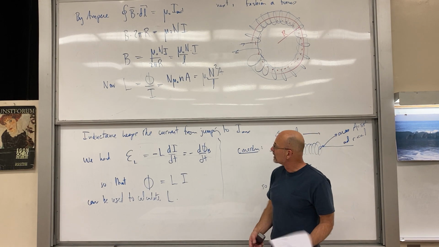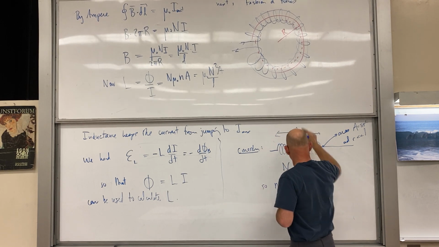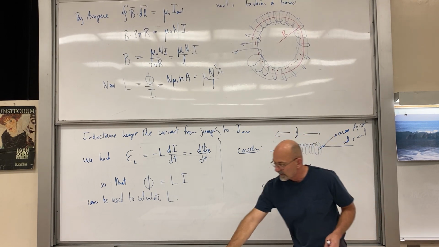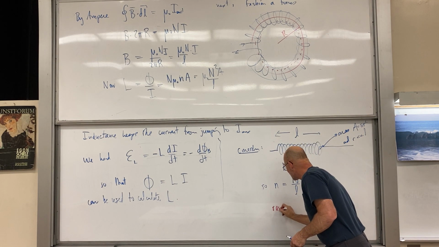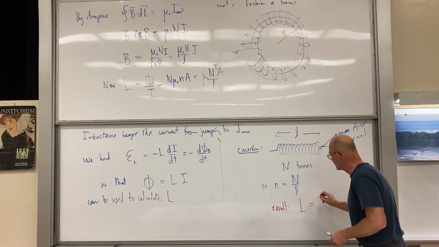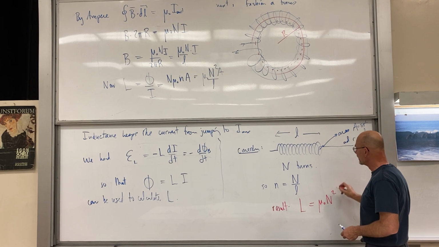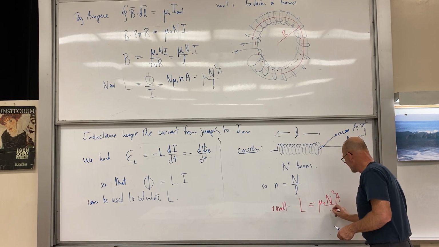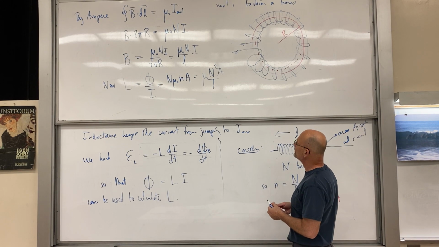So this we will call a result, and I'll just put this here right next to this note so that it's together. L is equal to mu naught n squared cross-sectional area over the length. That's good.